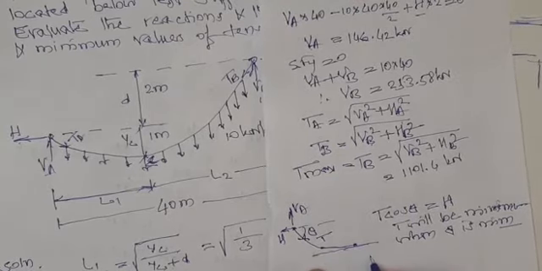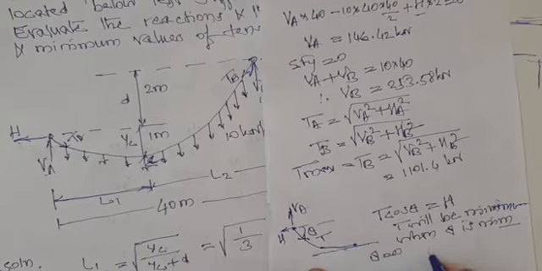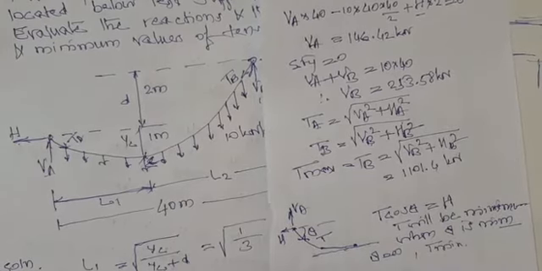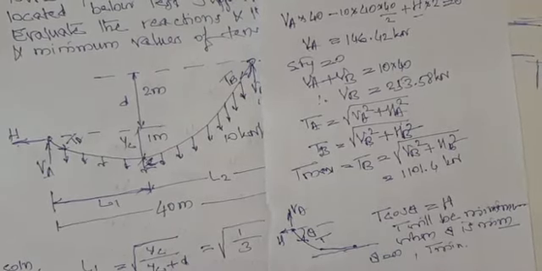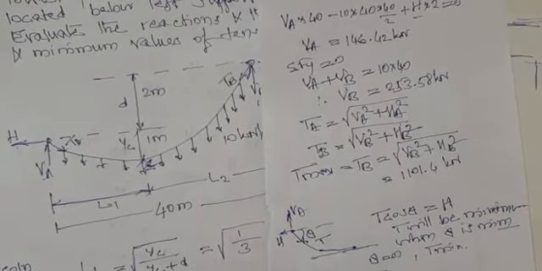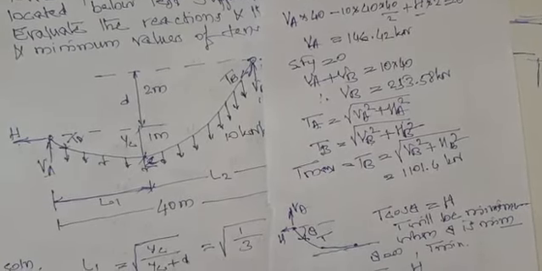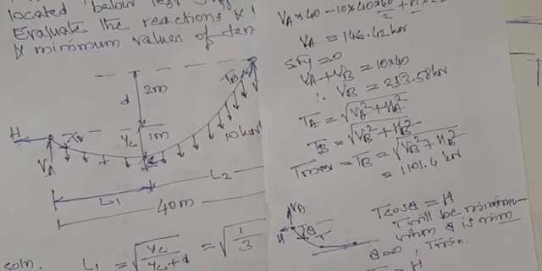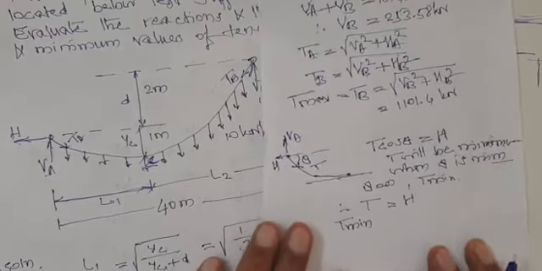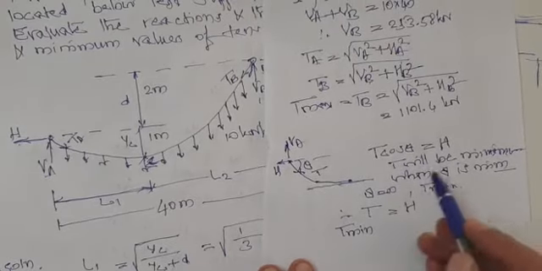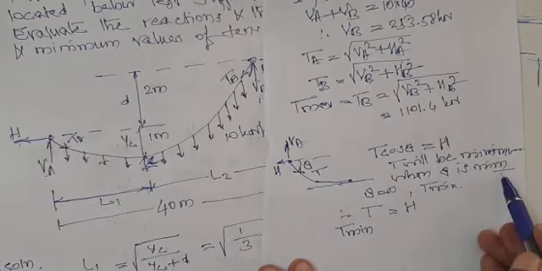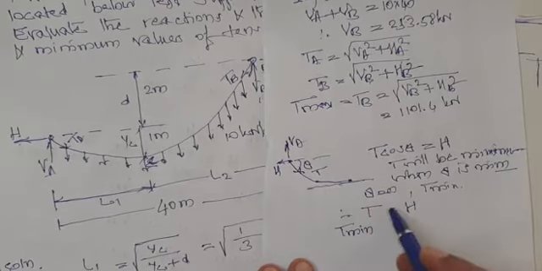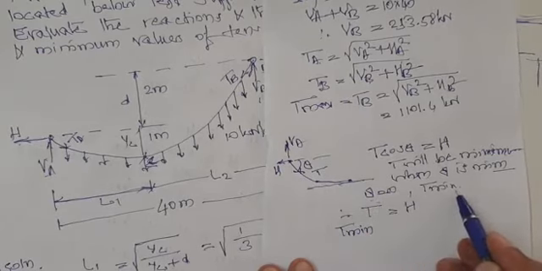When theta is equal to 0, T automatically becomes minimum. Here I said T cos theta is H, so T will be minimum when theta is minimum, that is, theta minimum is 0, maximum is 90. So when theta is 0, T will become minimum.